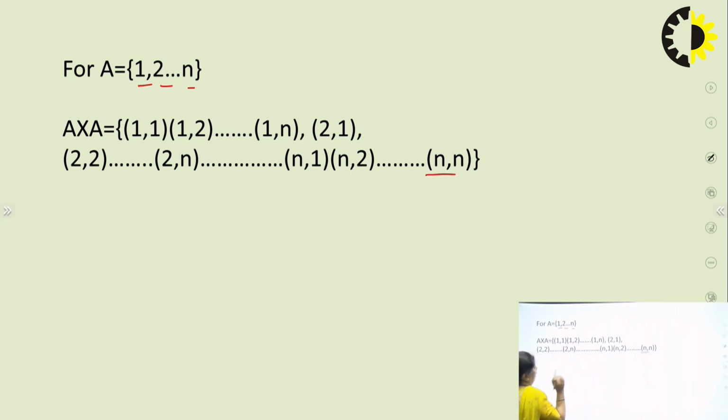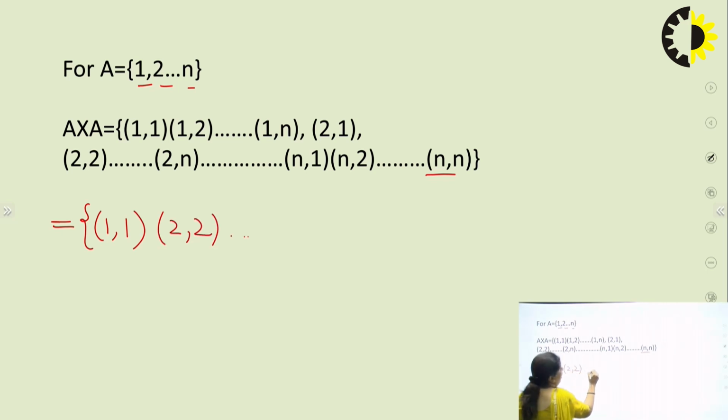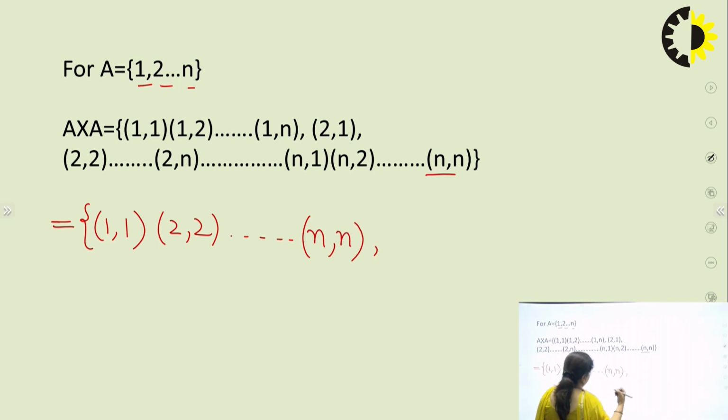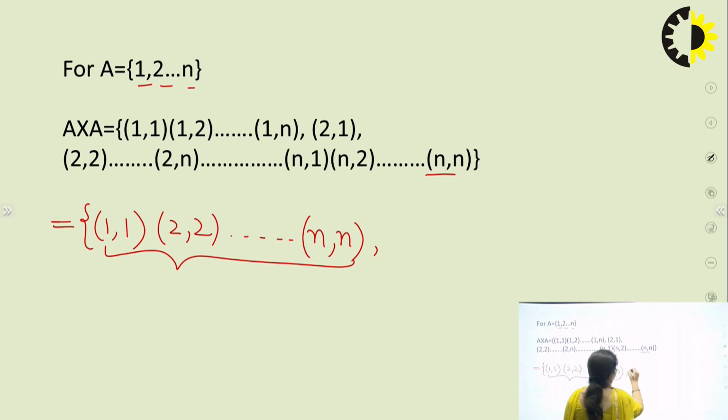Again, I can divide my A cross A into 2 parts. One is the diagonal elements part, and the other one is the remaining elements part. All these are my diagonal elements, and the remaining elements will always be of the form like (1, 2), (2, 1).